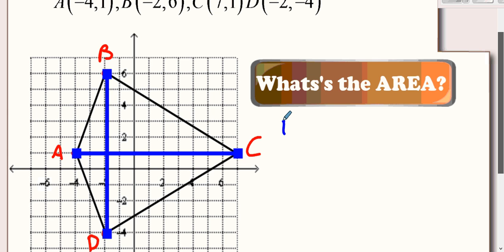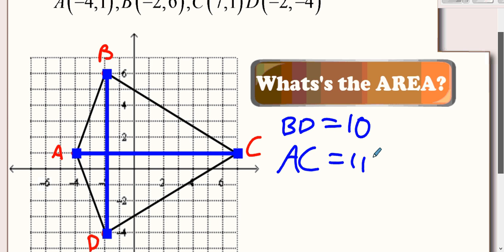So BD, you can count that out. That's 6, 7, 8, 9, 10. And then AC, the other diagonal. Count that one out. 11. So there's our 2 diagonals.